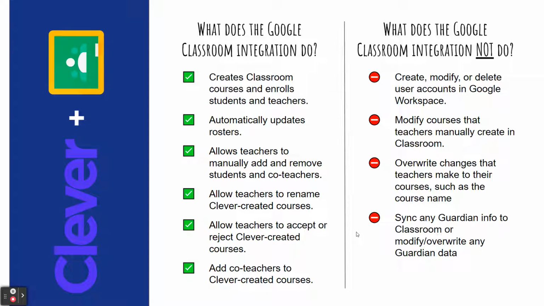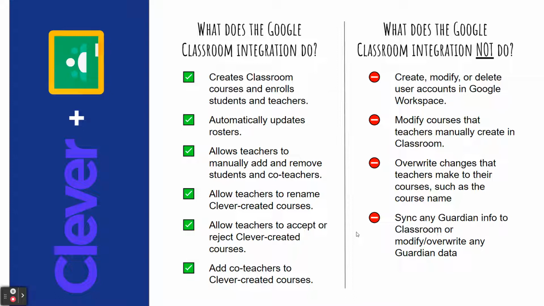So I just want to go over some of those little bits and pieces again. What does Google Classroom integration with Clever do? It will create classroom courses and automatically enroll students and teachers and update those rosters automatically. It will allow teachers to manually add and remove students and co-teachers. So if you have a roster there, but you want to manually add students, you can.